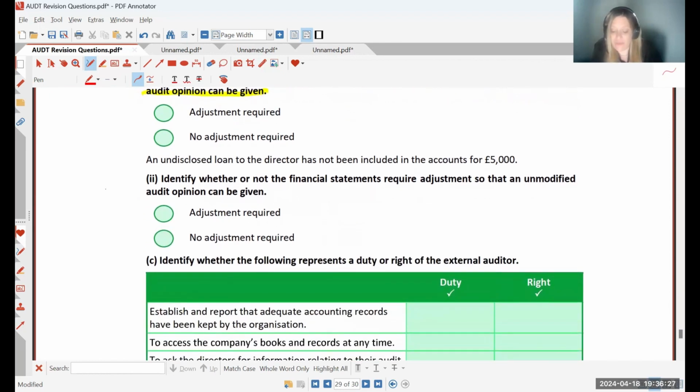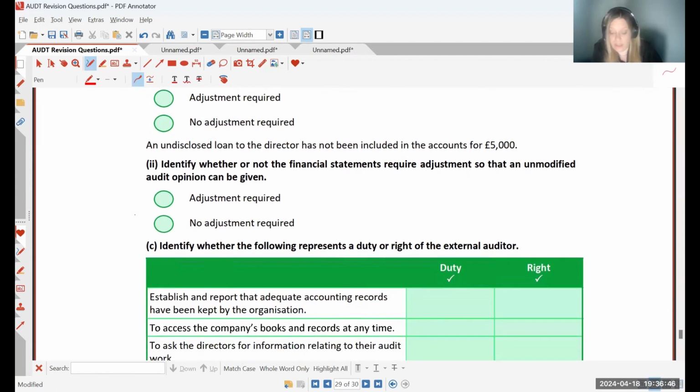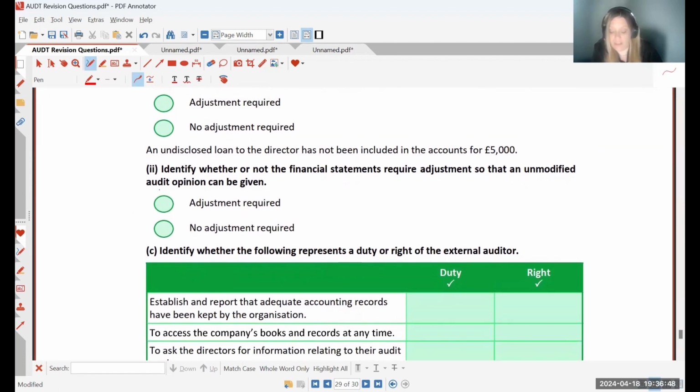Next, we've got an undisclosed loan to the director that has not been included in the accounts, for £5,000. Identify whether or not the financial statements require adjustment so that an unmodified audit opinion can be given.